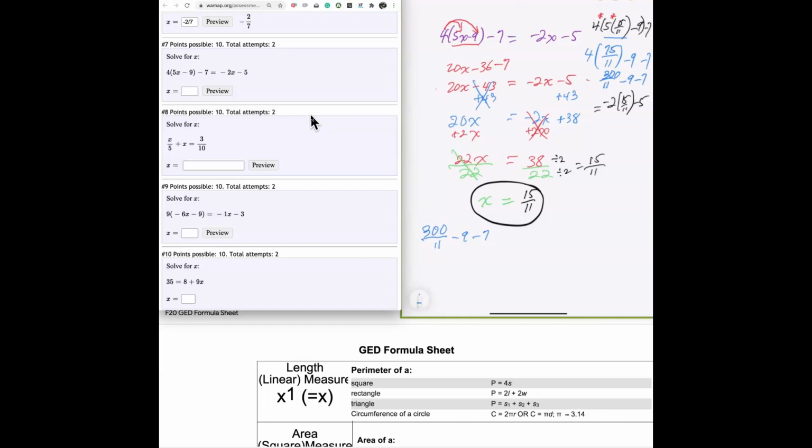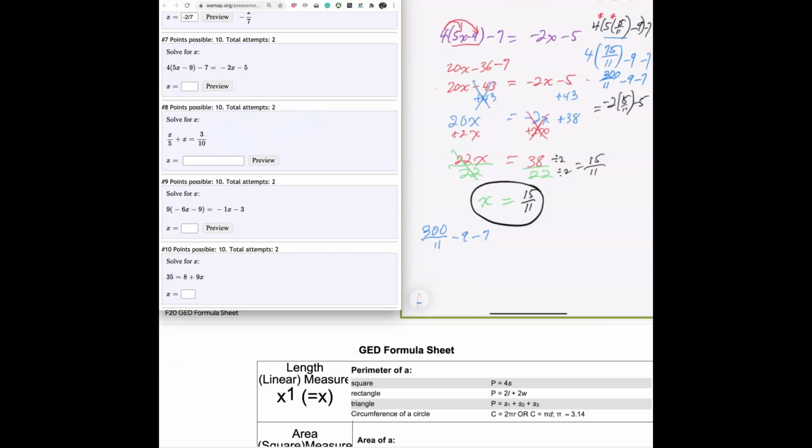So I'm going to say we combine the negative 9 and the negative 7. Oh, hang on. All right. Okay, I should have left that parenthesis in here. We need to do 4 times negative 9.